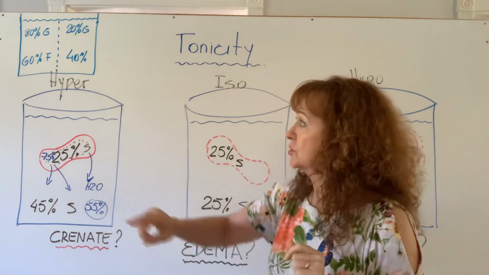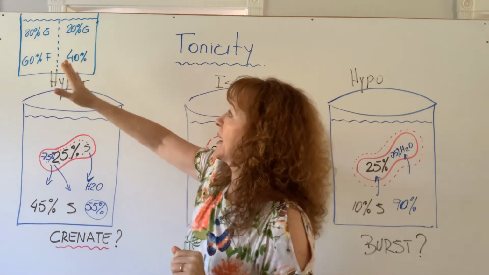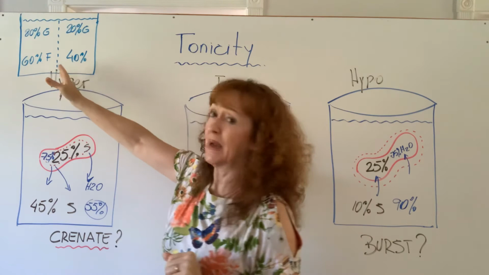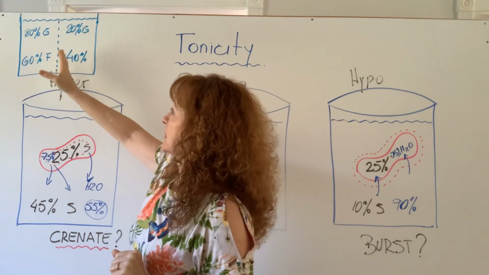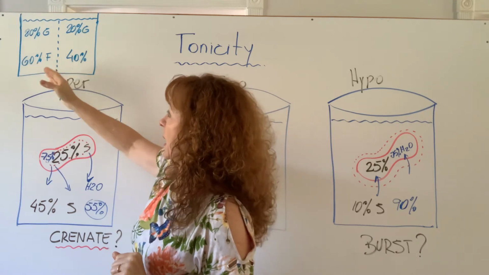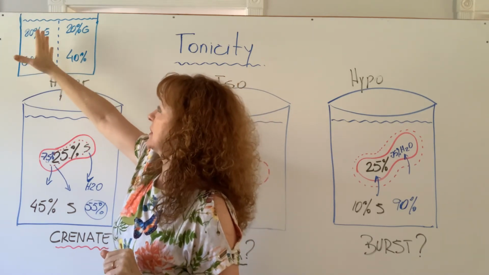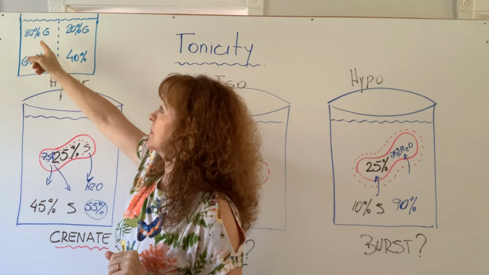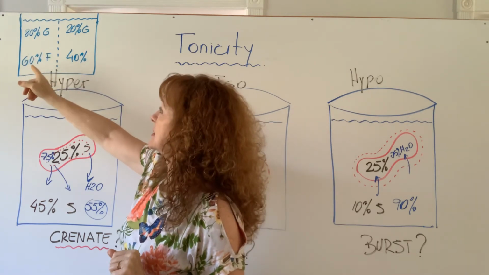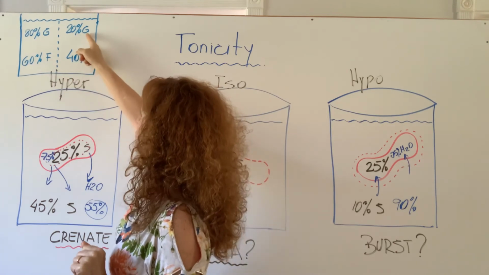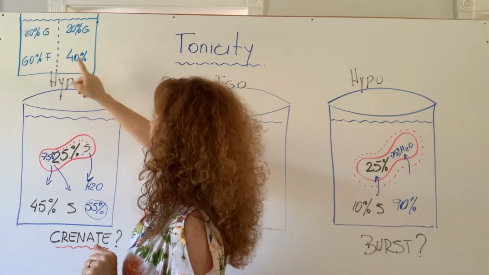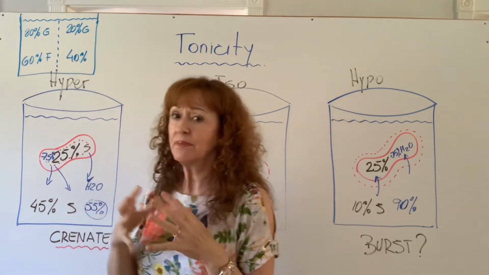I want to refer to this scenario where we have a container divided by a cell membrane, and this membrane separates the two areas. On one side I'm going to keep 80% of glucose and 60% of fructose. And on the other side, I'm going to keep 20% of glucose and 40% of fructose. What is important about that?